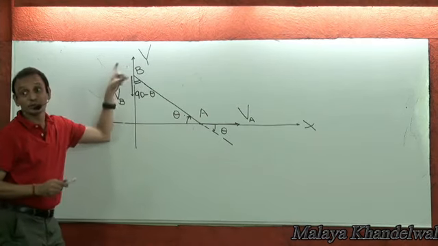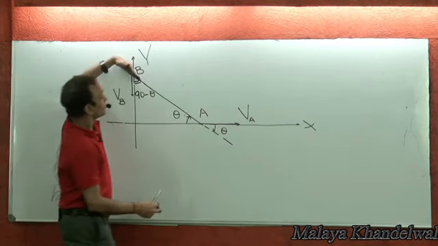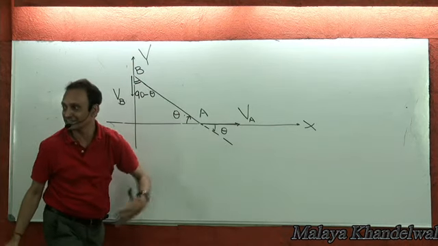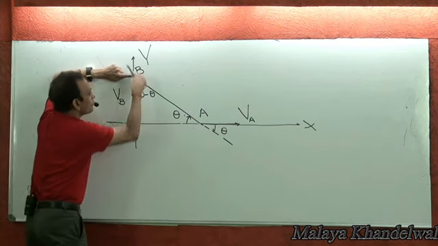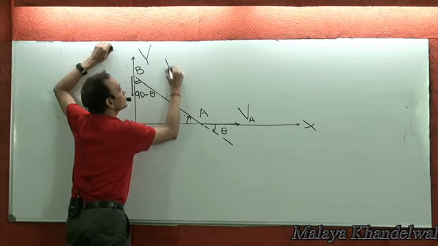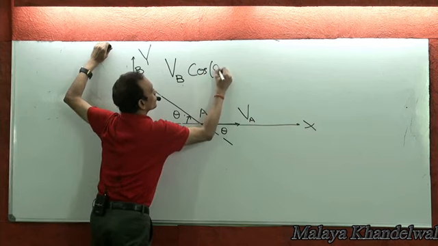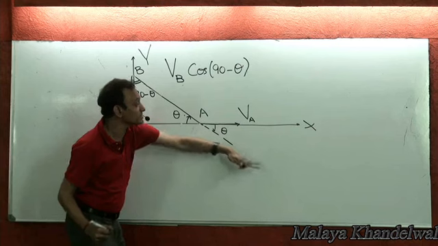Now, the separation between A and B cannot change with time. That means velocity of B in this direction must be the same as velocity of A in this direction. Yes or no? Right? What's the velocity of B in this direction? VB cos 90 minus theta. What's the velocity of A in this direction?